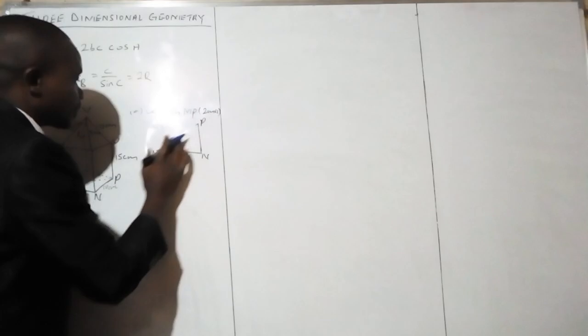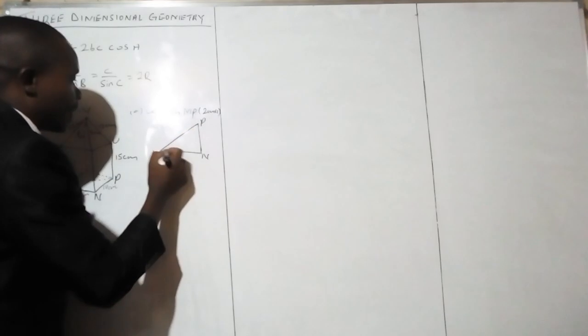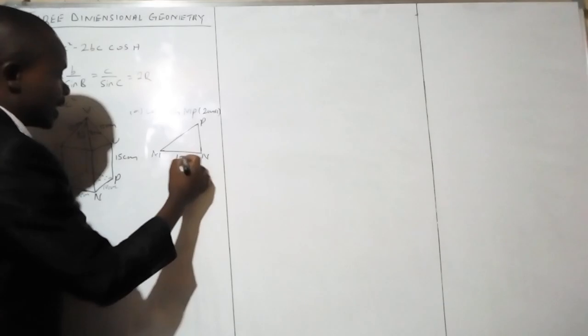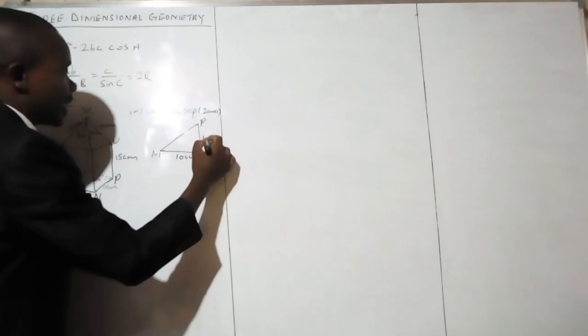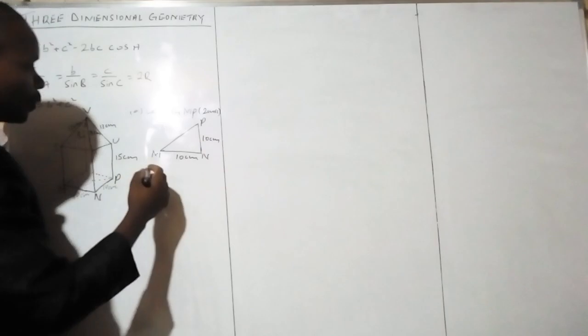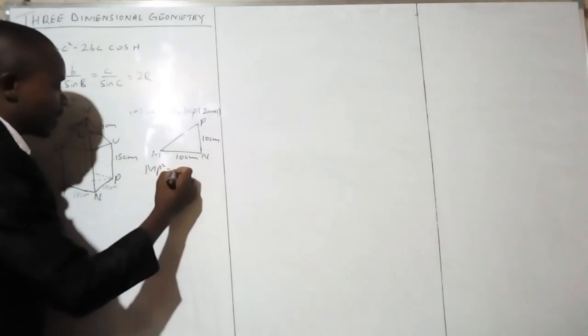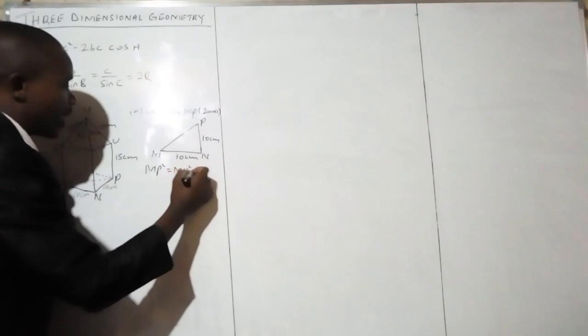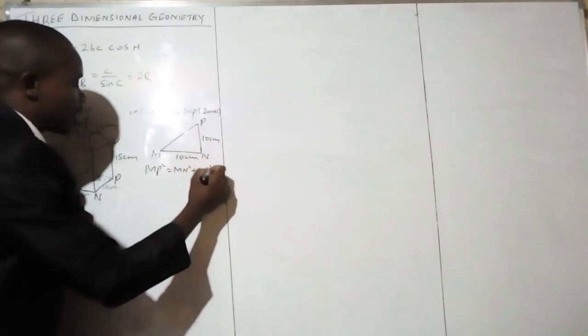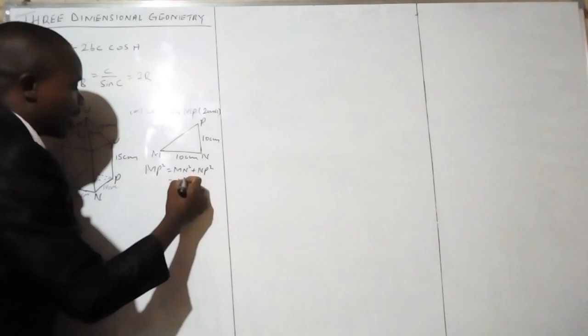But MN is 10 centimeters, we have PN is 10 centimeters. We are going to use the Pythagoras theorem. MP squared is equal to MN squared plus NP squared. MN is 10 squared plus 10 squared.